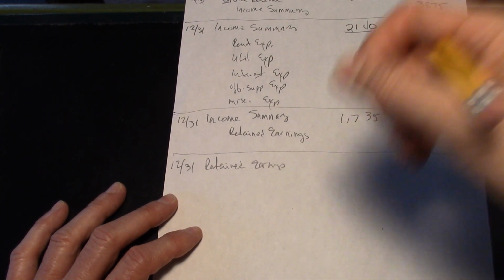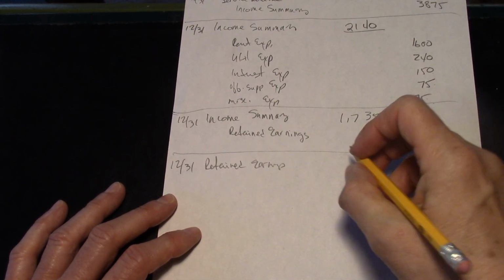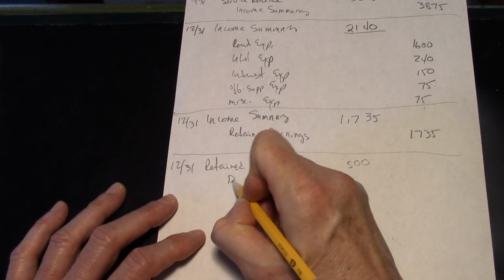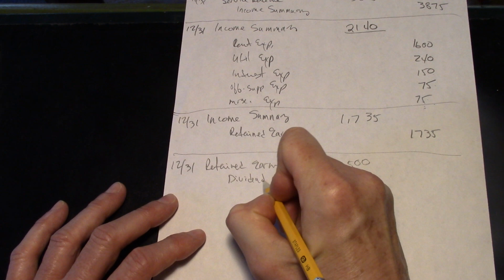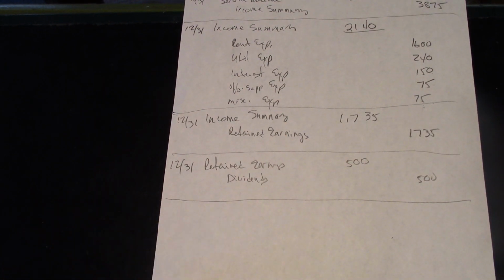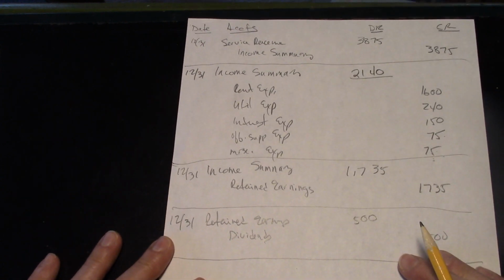We're decreasing it by the amount of the dividends. So 500 to dividends, 500 to retained earnings, and that's it. You did all the closing journal entries.